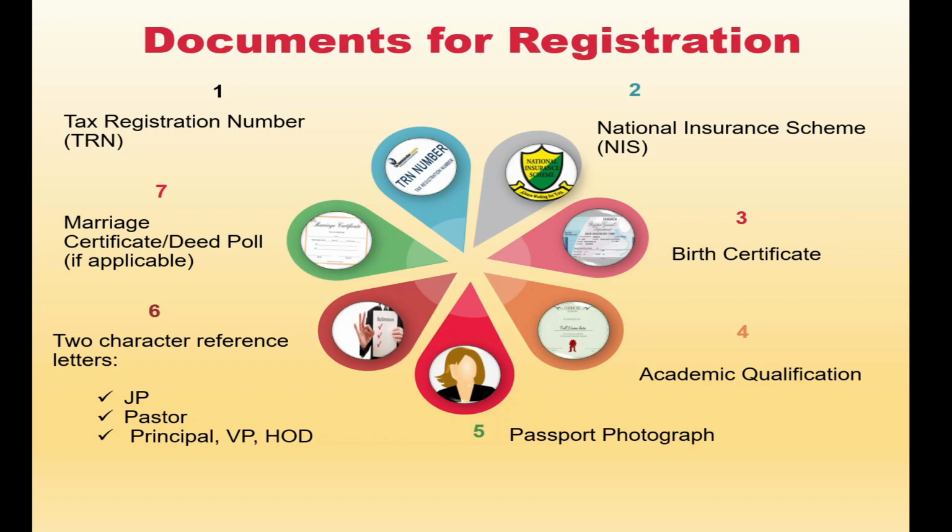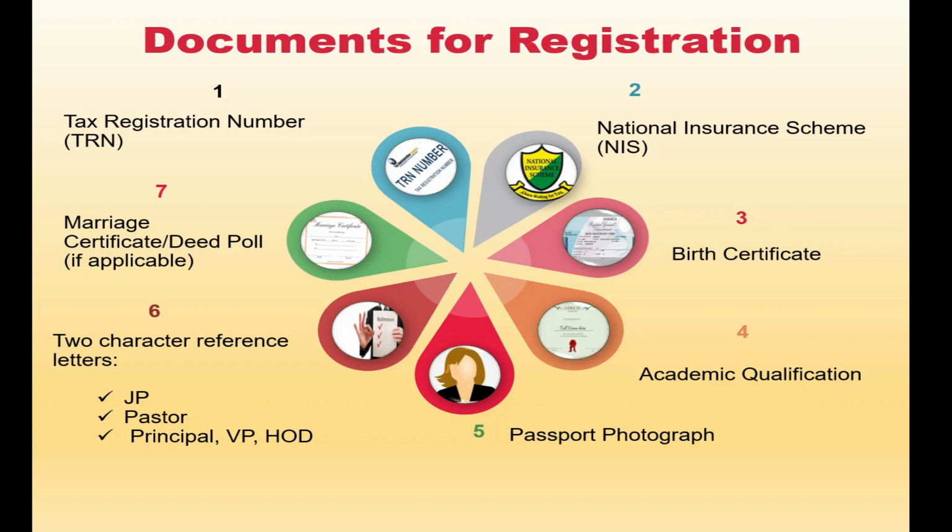Now first we need your TRN number, your NIS, your birth certificate, all academic qualifications, your passport size photograph, 2 written character references, a marriage certificate if applicable, or a deed poll, and these are for persons who would have changed their names.